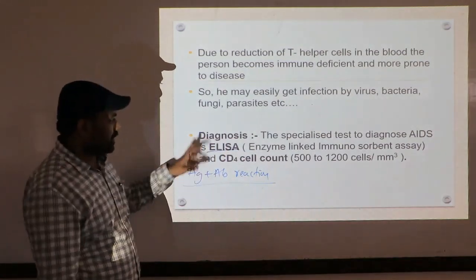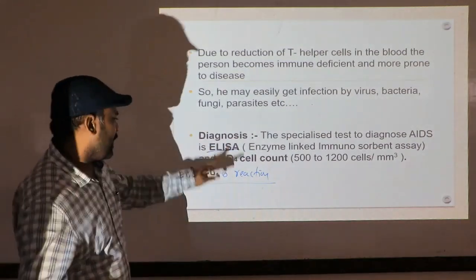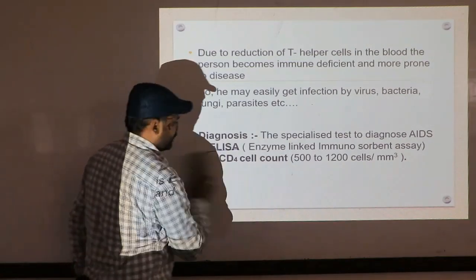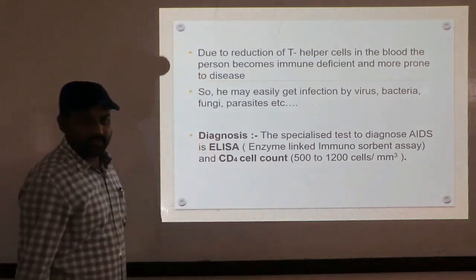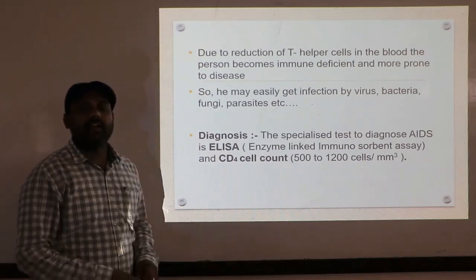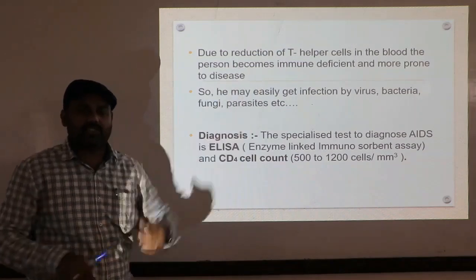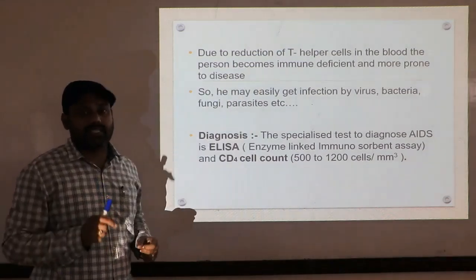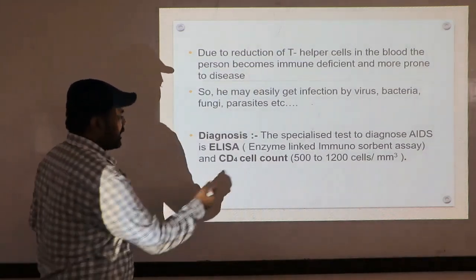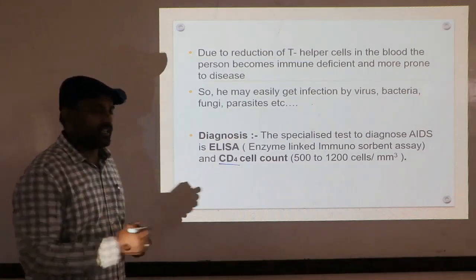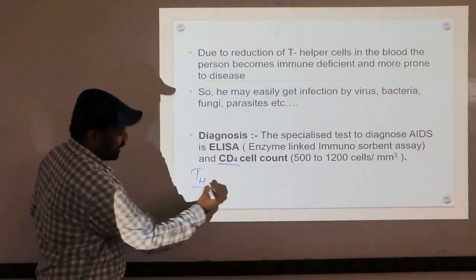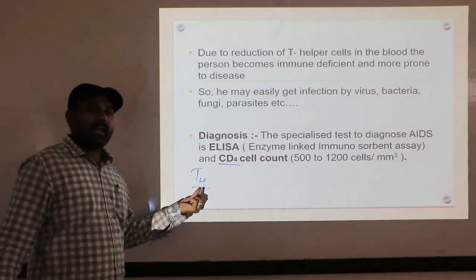Clear? Next, one more important is CD4 cell count. I told you people. Clear? The person who is suffering from HIV means that the count of TH cells is reduced because of destruction of T helper cells. So simply called CD4. I forgot to tell you, that is TH cell. TH refers to T helper cell.